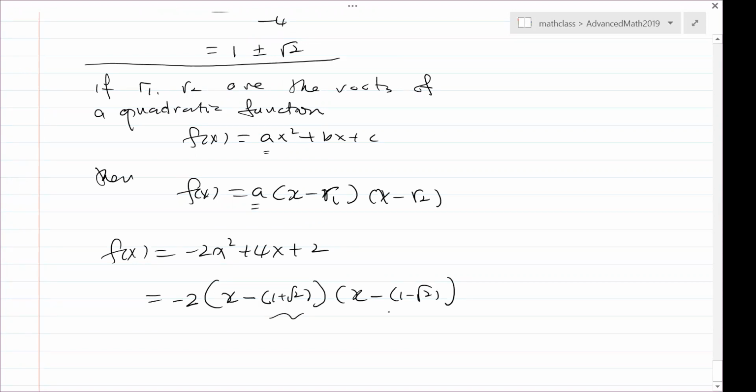Wow, those are not nice numbers, they're not integers. That's fine. You can still factor a quadratic function as a product of two linear terms. The coefficients are real numbers, not necessarily integers.